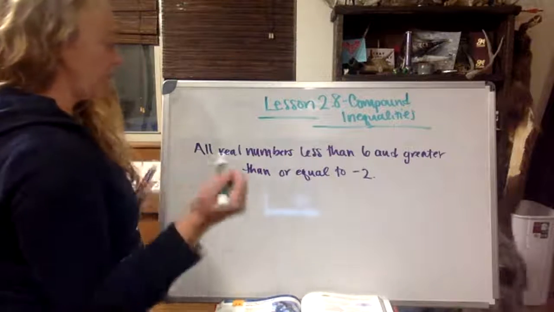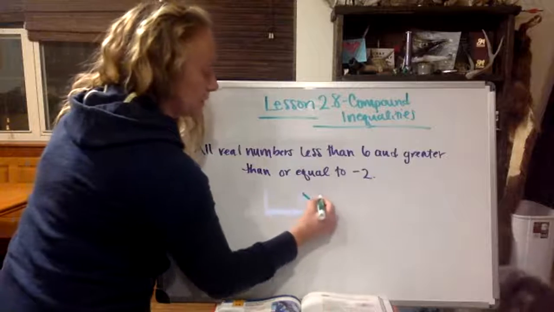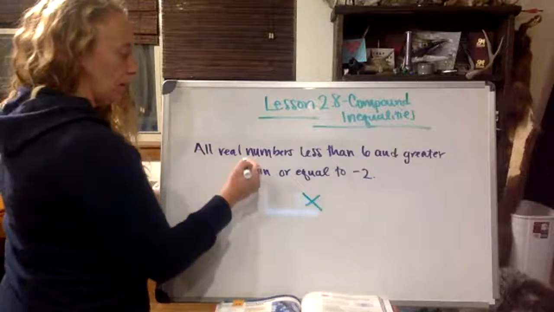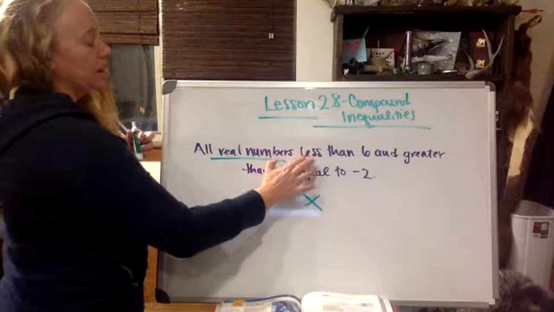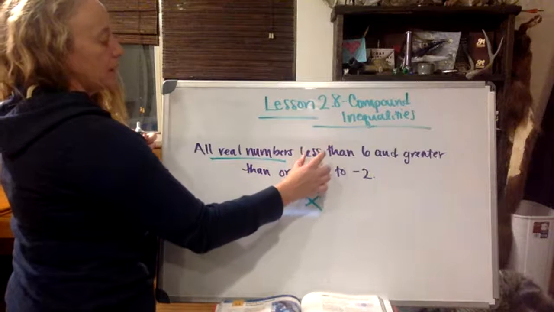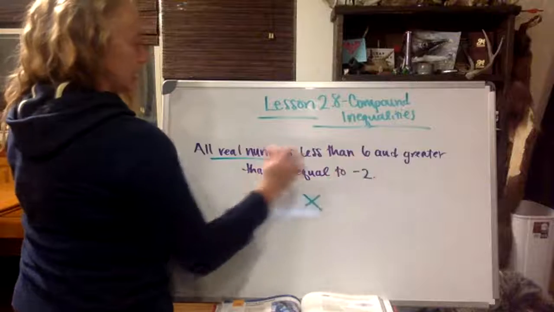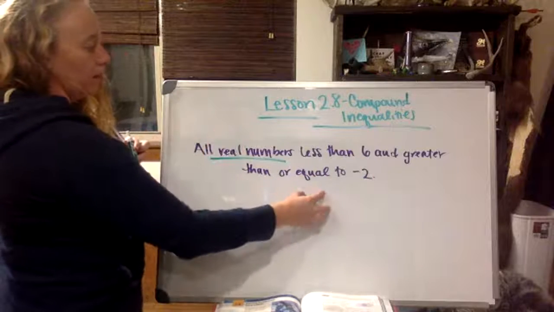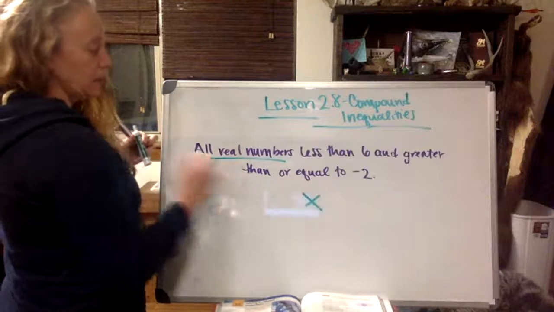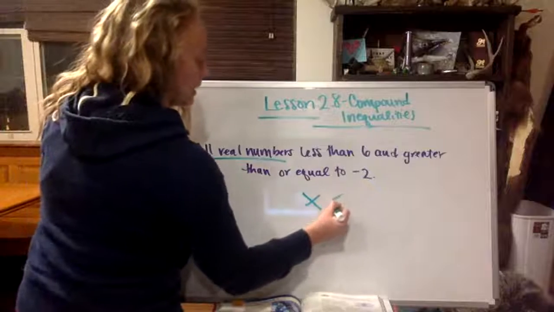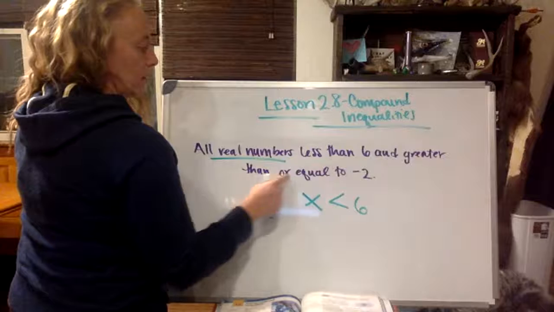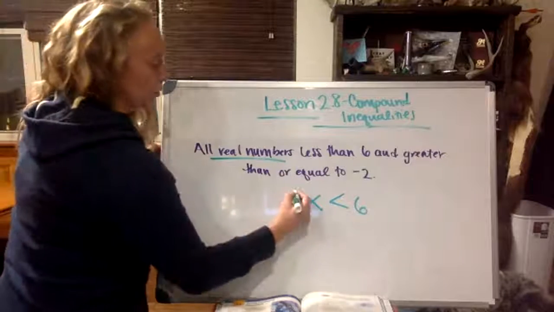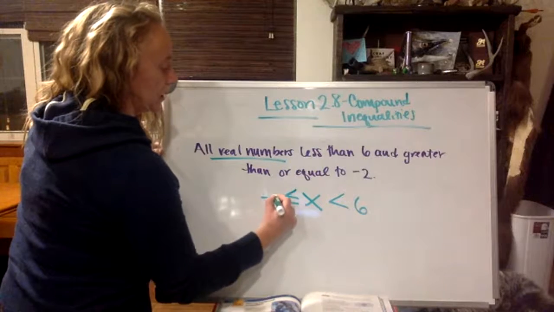We need to say, okay, we're looking at all real numbers, so we can just say that's x. We just need to put a variable to it. Then we need to write this less than 6. So all of these numbers have to be less than 6, and greater than or equal to -2.